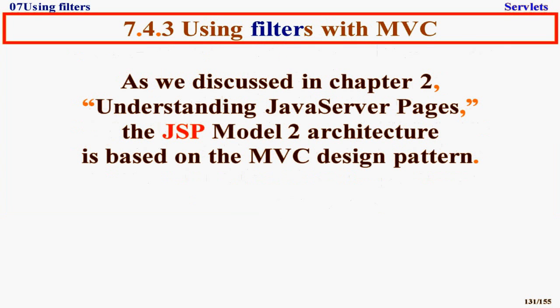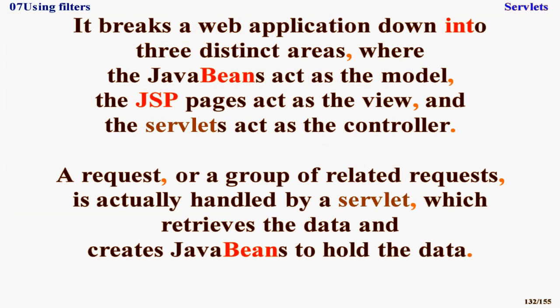7.4.3. Using filters with MVC. As we discussed in Chapter 2, Understanding JavaServer Pages, the JSP Model 2 architecture is based on the MVC design pattern. It breaks a web application down into 3 distinct areas, where the Java beans act as the model, the JSP pages act as the view, and the servlets act as the controller.